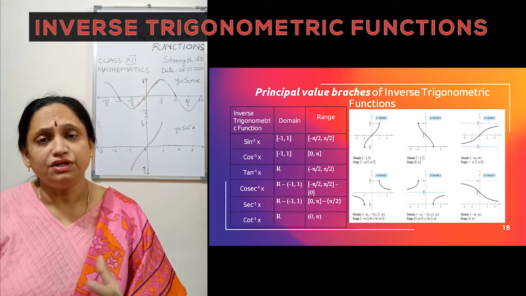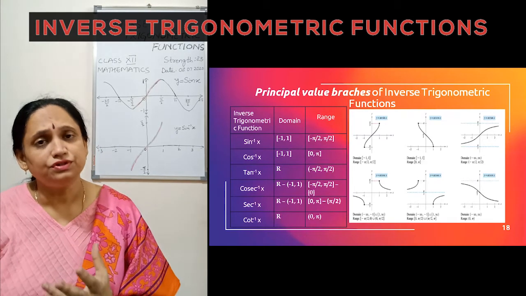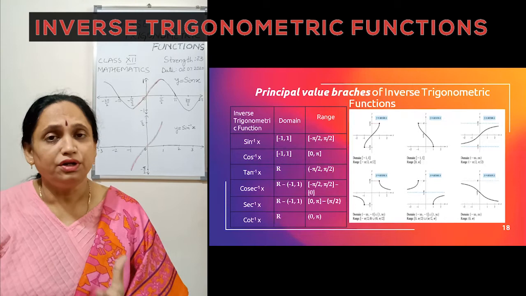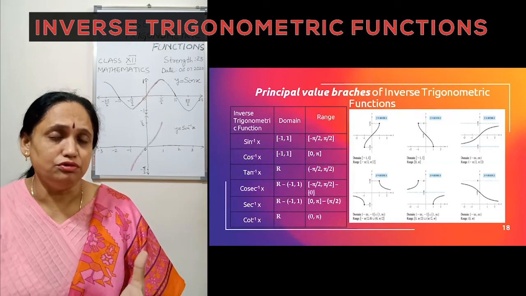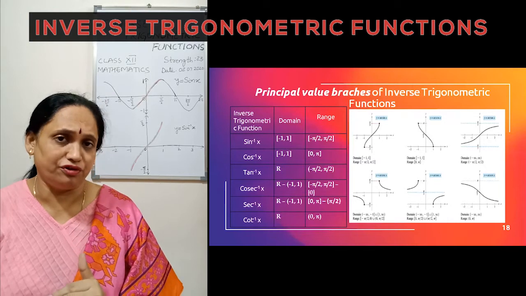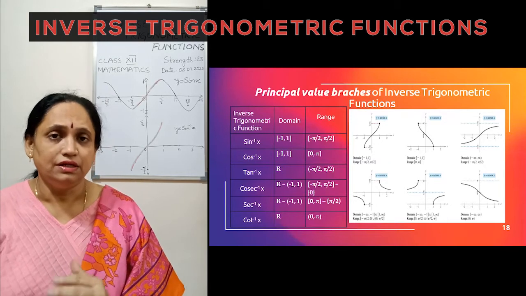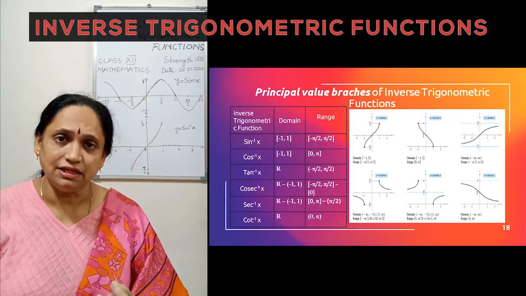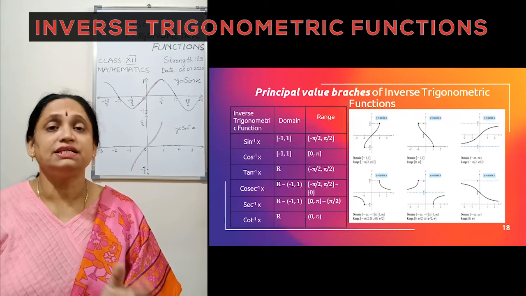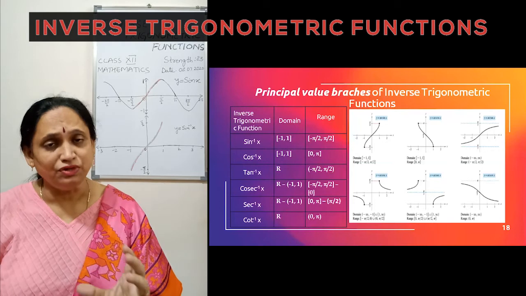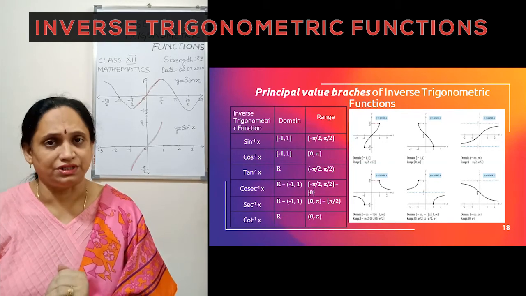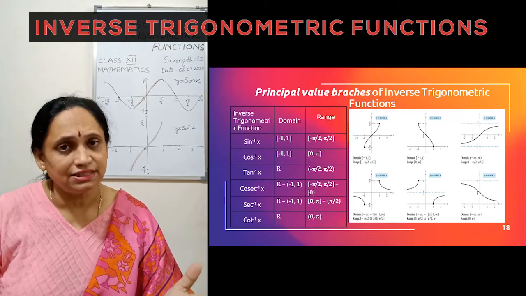Now, actually, it makes it very clear when you have to evaluate these values. Remember, for the sine inverse function, you will be applying the rules of the first and fourth quadrant when you find the angle. Sine inverse x, x is a number, and sine inverse x is an angle. So when you find sine inverse of some number, it is an angle that you get. And where are these angles lying?